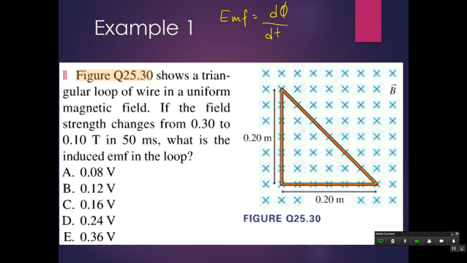In this case, is the shape changing or is the magnetic field changing? So it's the magnetic field. So instead of dΦ, it's A dB over dt. The area is constant, so I can take that out of the derivative, and it's my magnetic field that's changing.